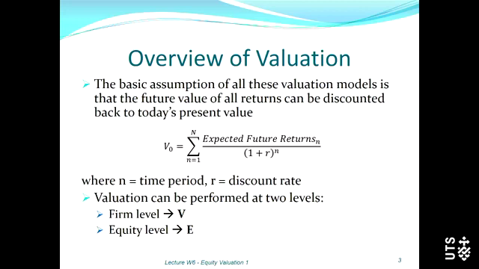So the valuation we can perform is at basically 2 levels. Firm level, the value of the entire firm, and at the equity level, in which case we only look at the value for shareholders. You're quick enough to know that the relationship between these two should be based on the level of debt, right? Whatever the firm is worth is going to be distributed mainly, or entirely, between 2 stakeholders, debt holders and equity holders.